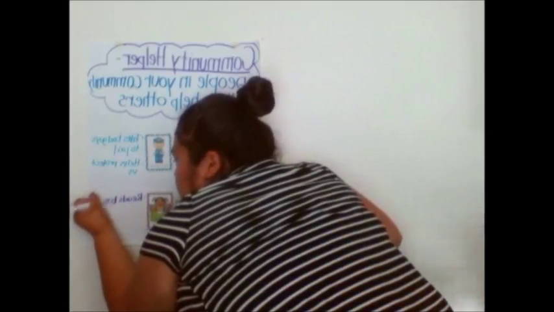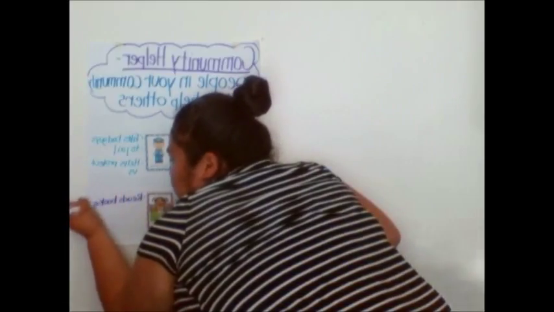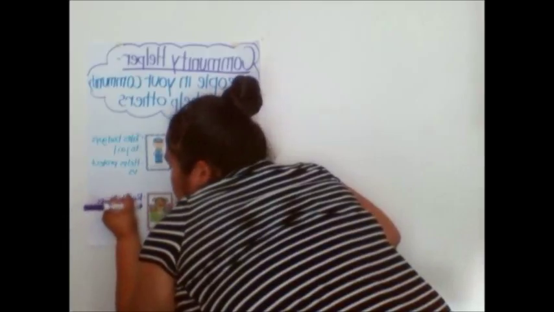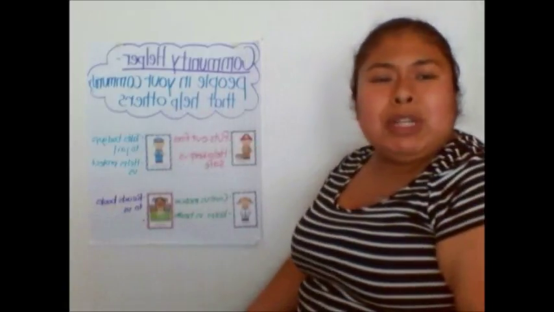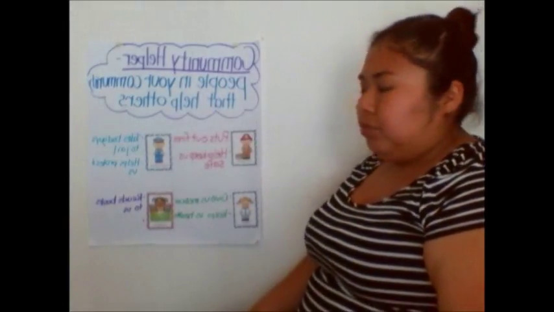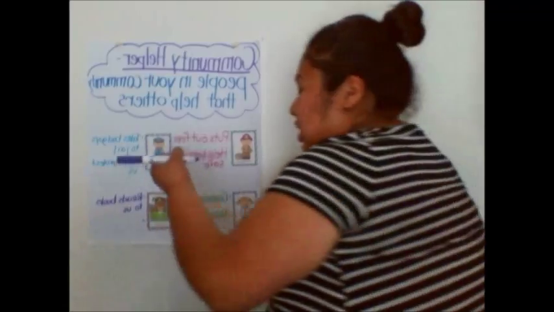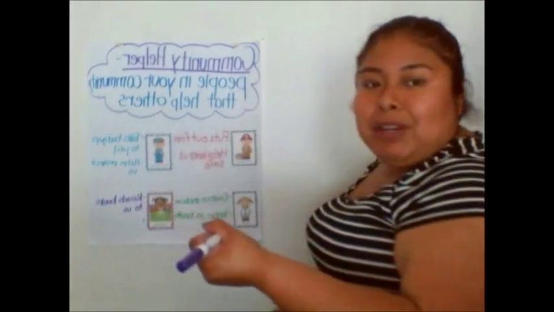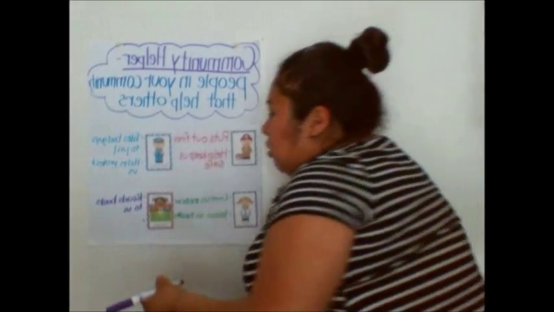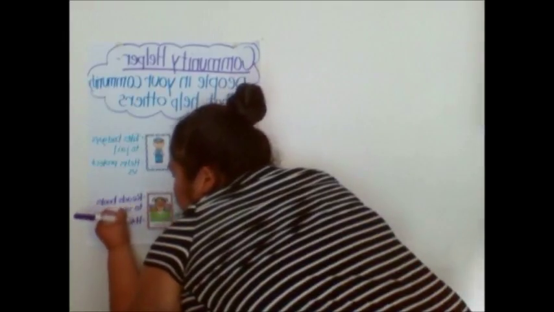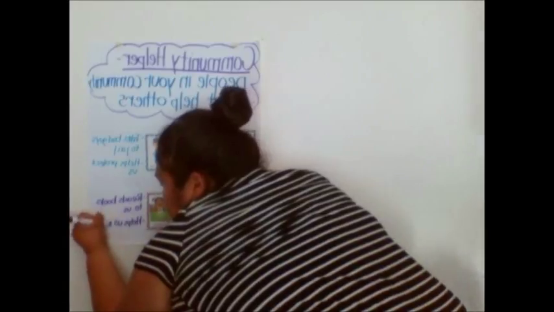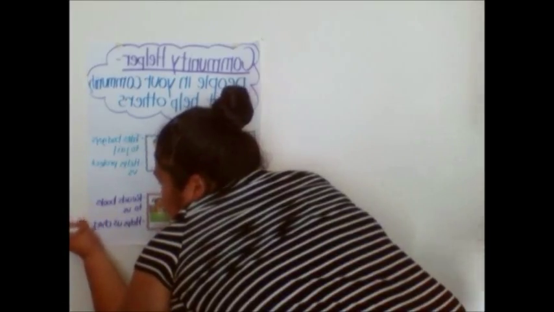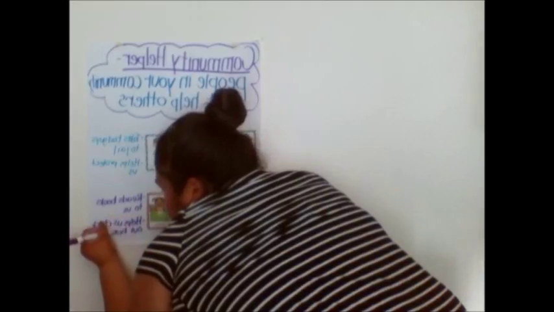Reads books to us. And when we go to the library, what does that librarian help us do? Good job. She helps us, or he, because the librarian can be a boy or a girl. So, helps us check out books.